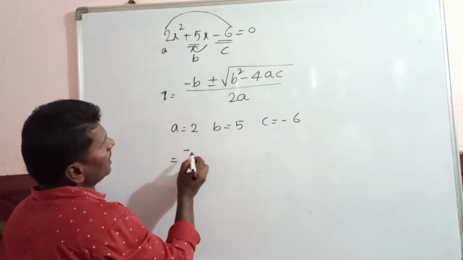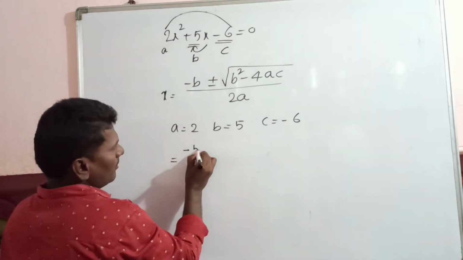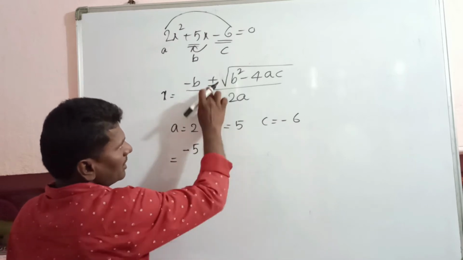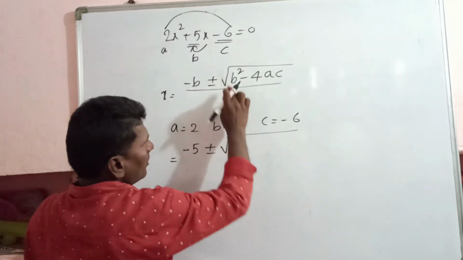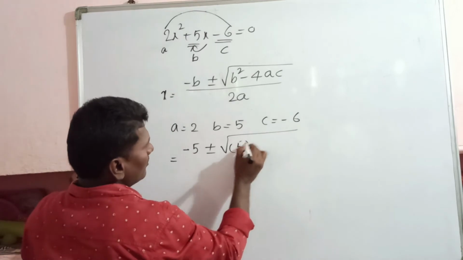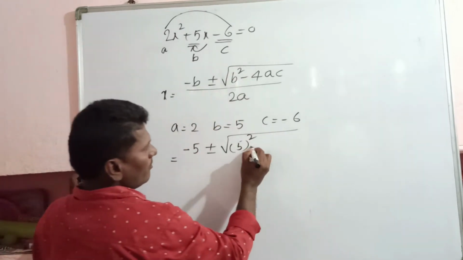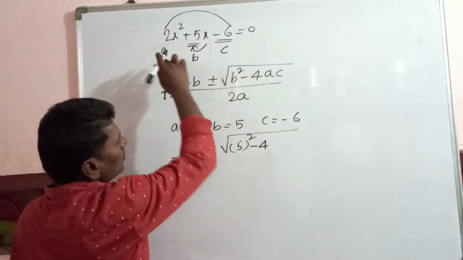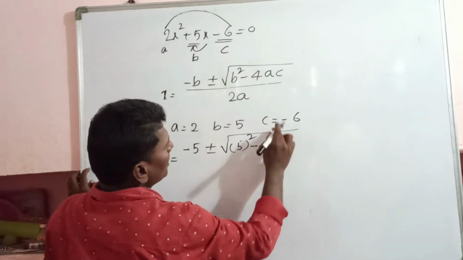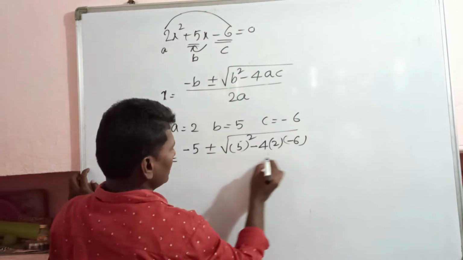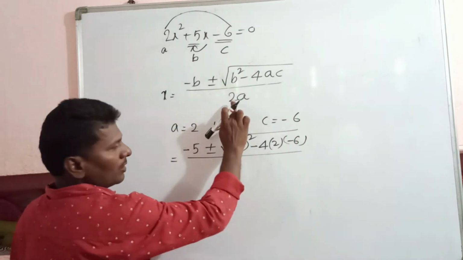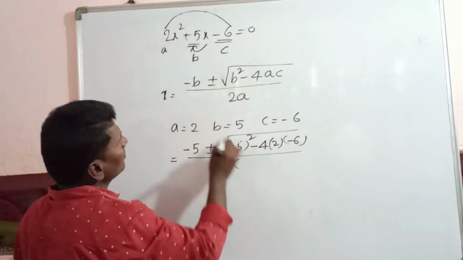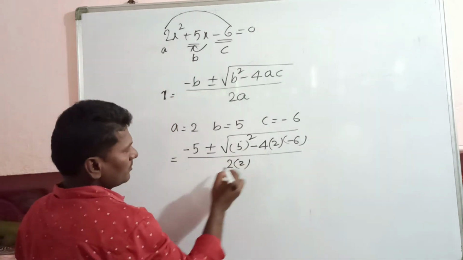Minus b is minus 5, I am writing minus 5, plus or minus square root of b square, 5 square, minus 4ac. 4, a value is 2, 4 into 2, c value is minus 6. Whole divided by 2a, 2 into a value is 2.